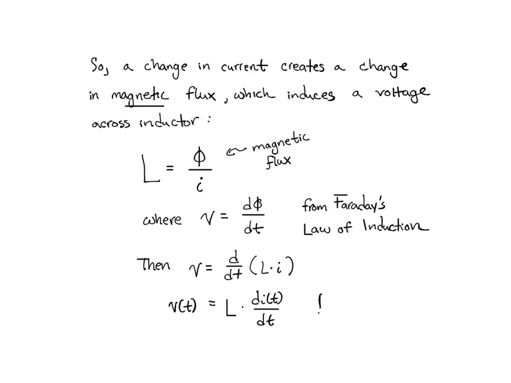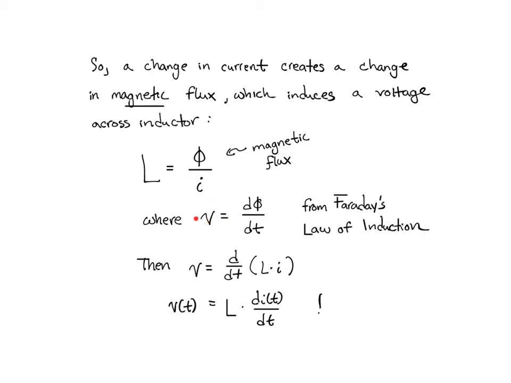I mentioned that a change in current, an alternating current, is proportional to a voltage, or rather, the voltage is proportional to the rate of change of the current. This stems from Lenz's law and Faraday's law of induction. We can start by showing that the inductance is proportional to the magnetic flux, which is due to the current through the wire, with respect to that current.